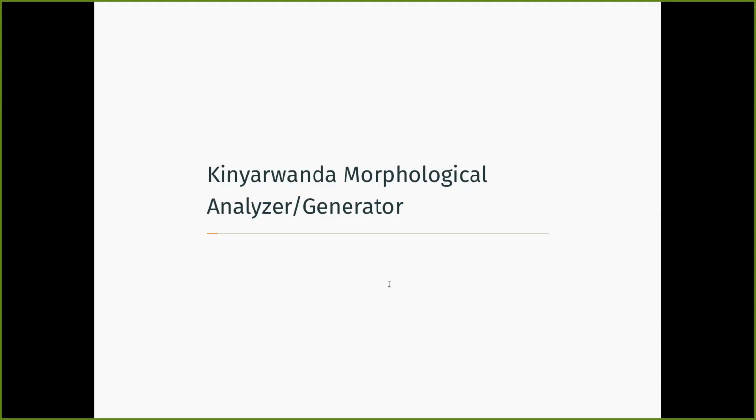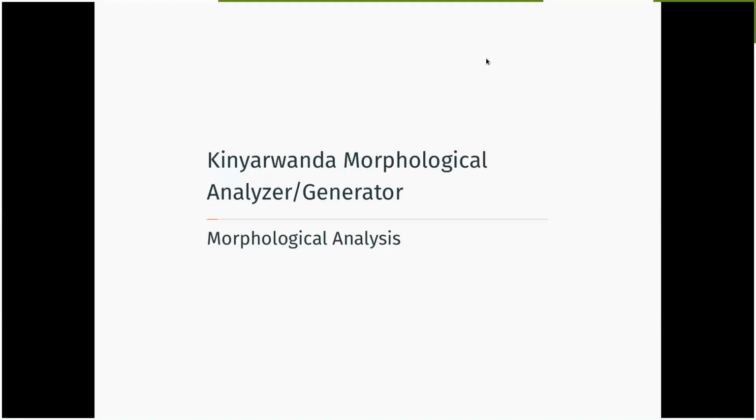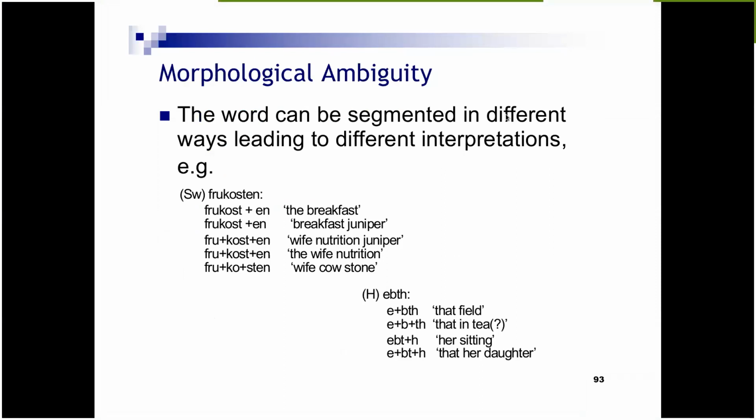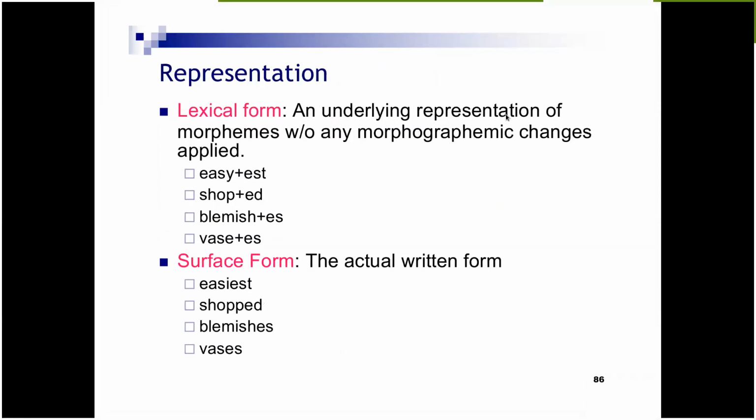If you go back to the example of the relationship between the lexical form and the surface form, when you process one word, it's kind of hard to capture that in English, but we're going to see it in Kinyarwanda.